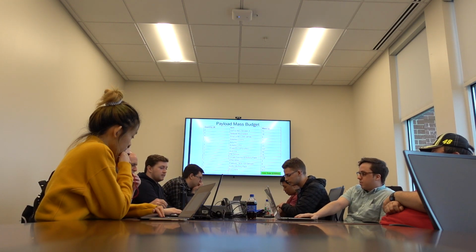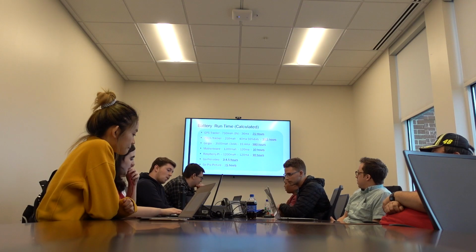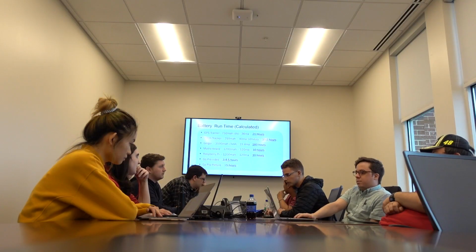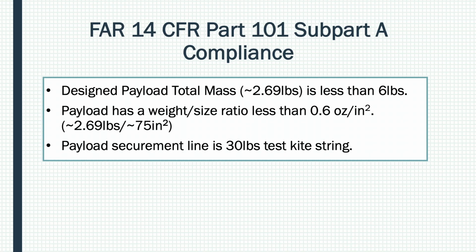Next slide. This is our calculated battery run time, and we'll be good on our run times. Next slide. And our FAR compliance. Like I said before, we're at about 2.69 pounds, which is roughly 1,200 grams.